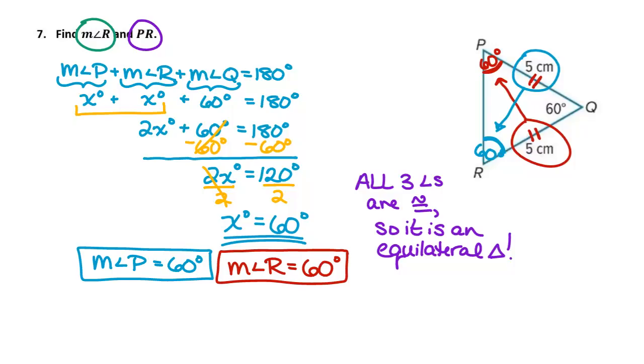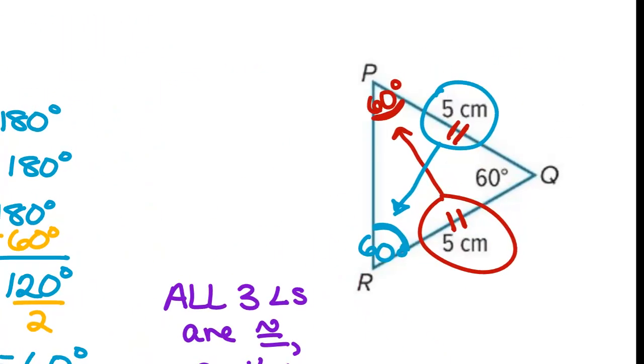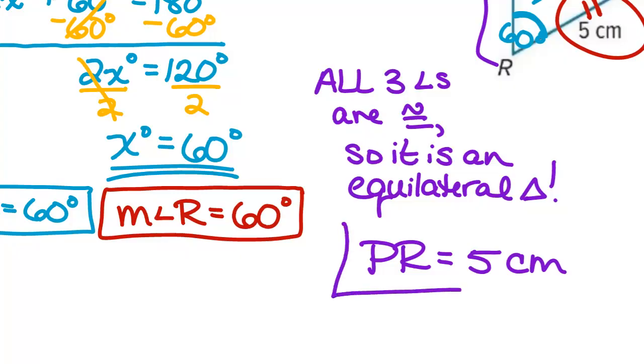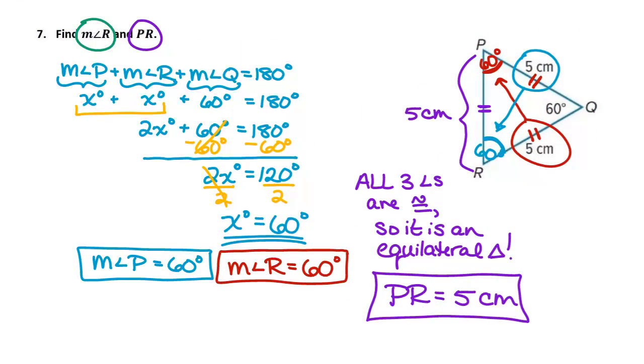So how big is side PR then? 5 centimeters. This would also be a congruent side. So 5 centimeters. PR equals 5 centimeters. Beautiful.